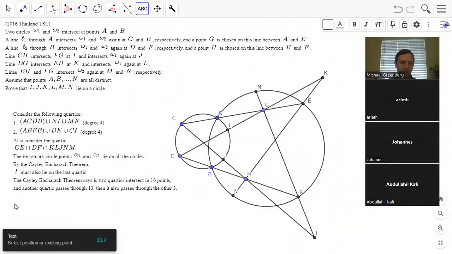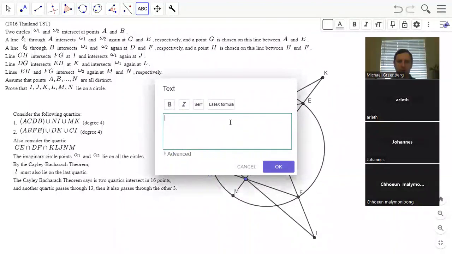So since the last quartic also passes through alpha 1 and alpha 2, I must lie on K, L, J, and M. I lies on K, L, J, and M, and that has to be a circle. I, K, L, J, and M must be a circle.